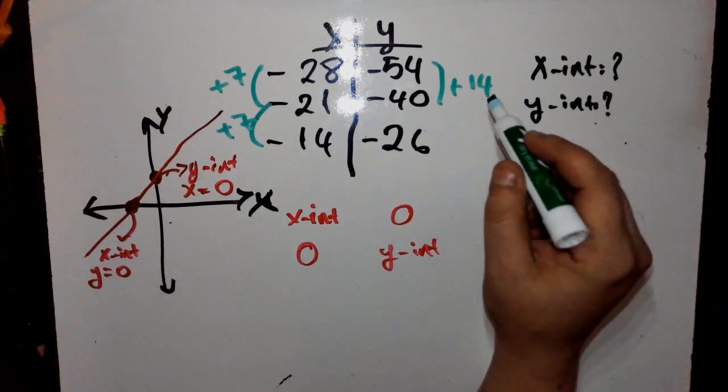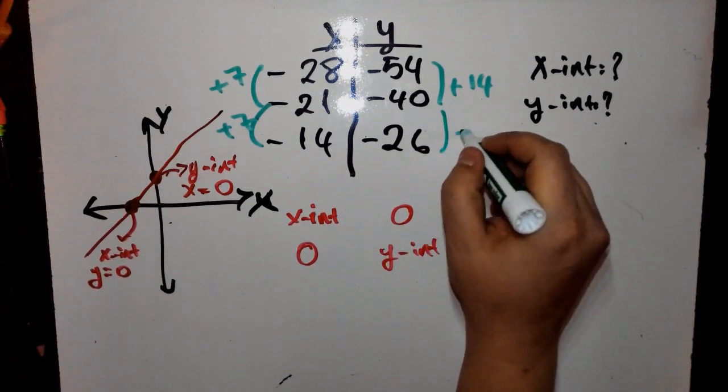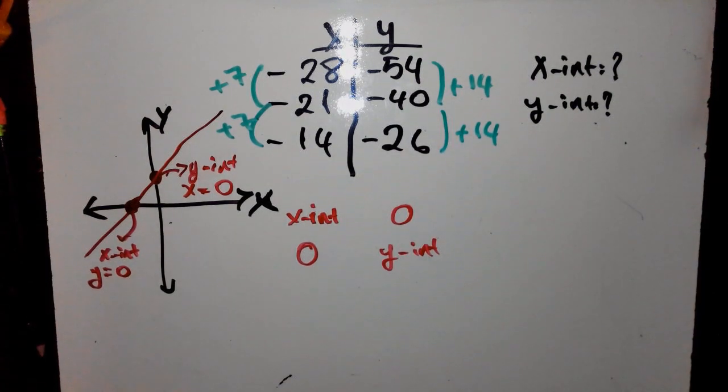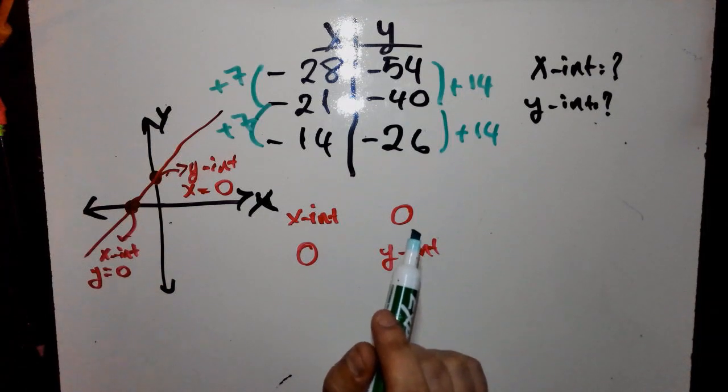And from 40 to 26, I'm adding another 14. So every time I add a 7 to the x, I'm adding a 14 to the y.